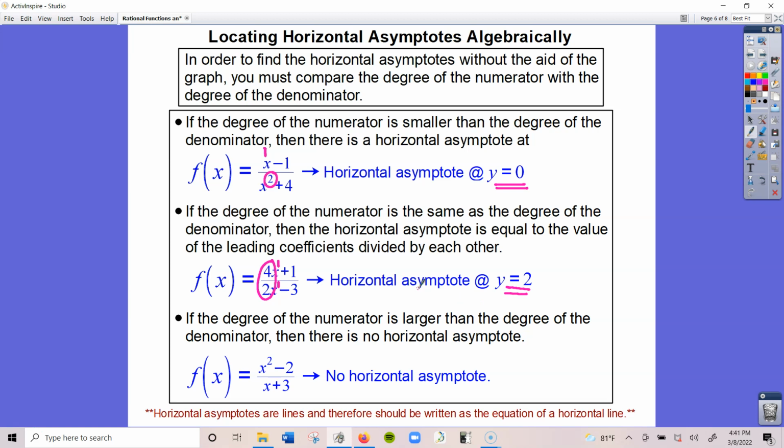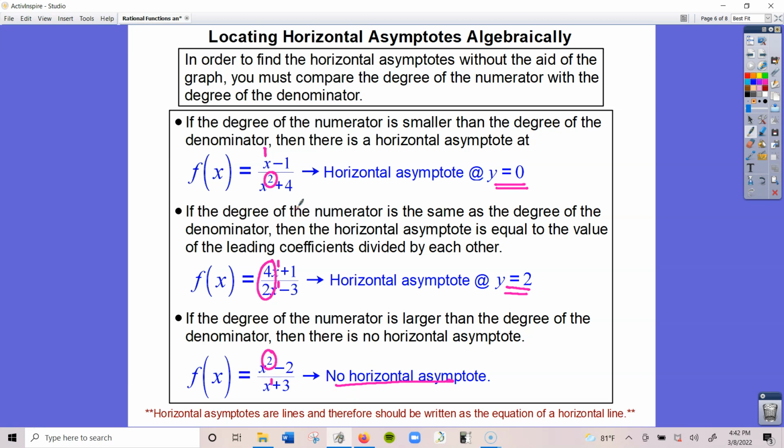So whatever those coefficients are, you divide them. And finally, if the degree of the numerator is larger than the degree of the denominator, so here the degree is 2, here the degree is 1, 2 is larger than 1, then that means that there is no horizontal asymptote. So those are the rules.